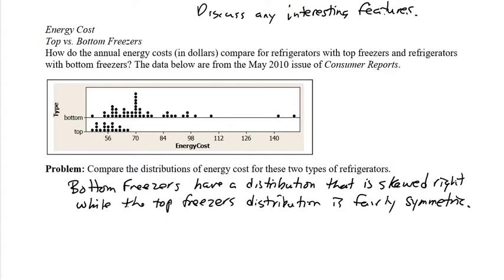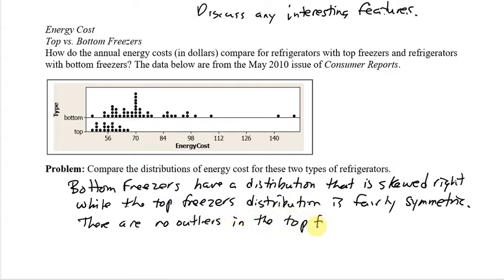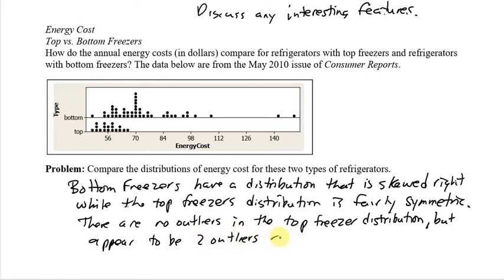There are no outliers in the top freezer distribution but there appear to be two outliers above $140 in the bottom freezer distribution.